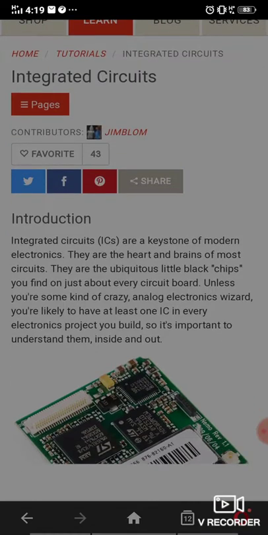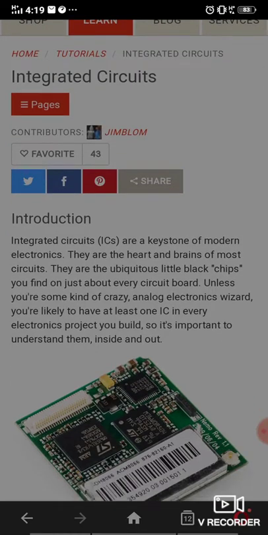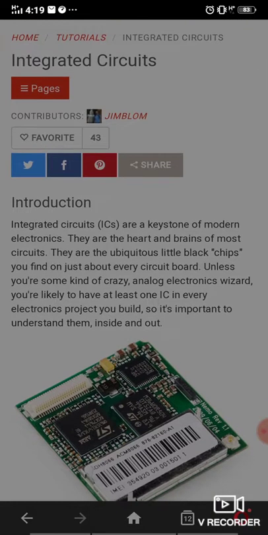So you can see on screen this type of board. Integrated circuits are a keystone of modern electronics. They are the heart and brain of most circuits. They are the ubiquitous little black chips you find on just about every circuit board.